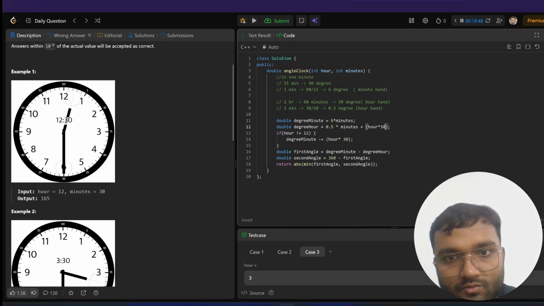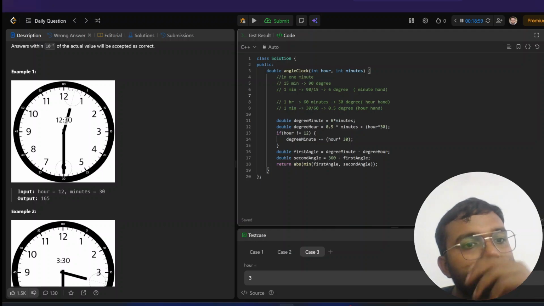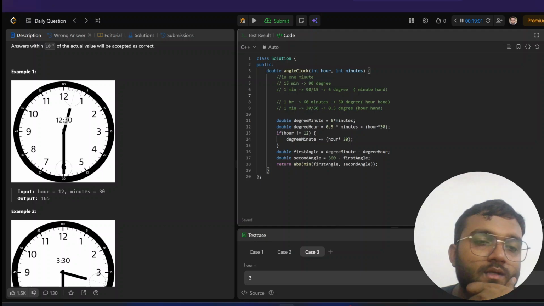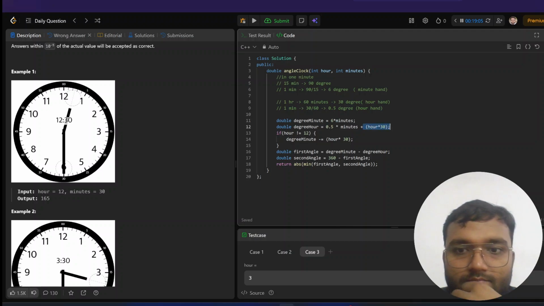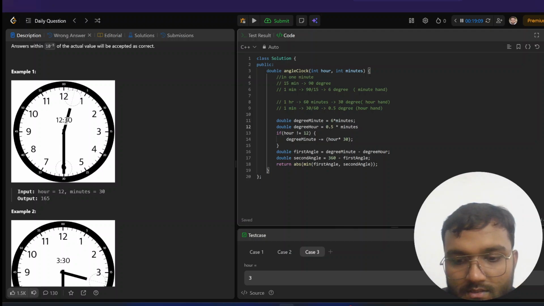We have to make sure that till 11 we can calculate in total degree, but if it is 12, I think we should not add this hour. So we first make this line with this.